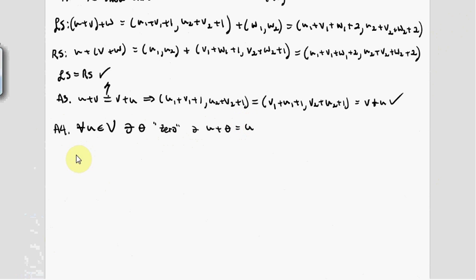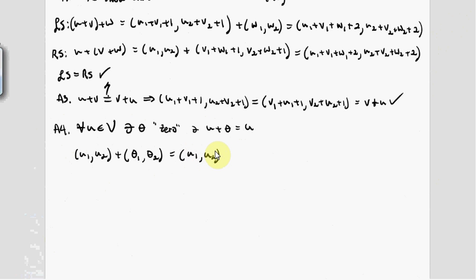Well, let's see. So here u is this (u sub 1, u sub 2), plus this 0, I'm going to call it (theta sub 1, theta sub 2). It has to equal (u sub 1, u sub 2).